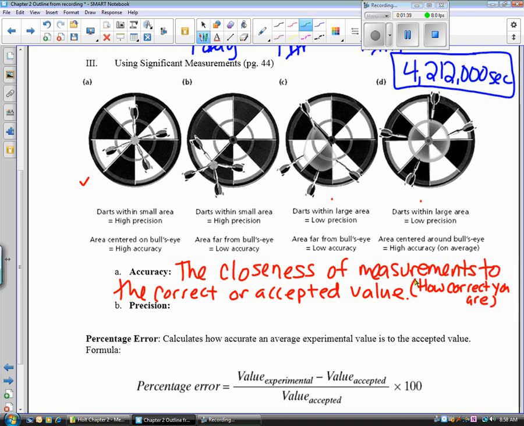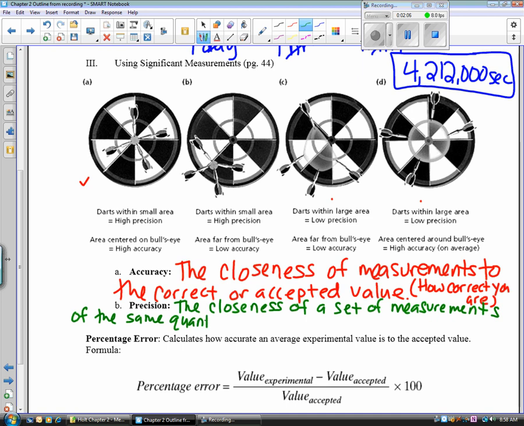Precision, on the other hand, is the closeness of a set of measurements of the same quantity made in the same way.